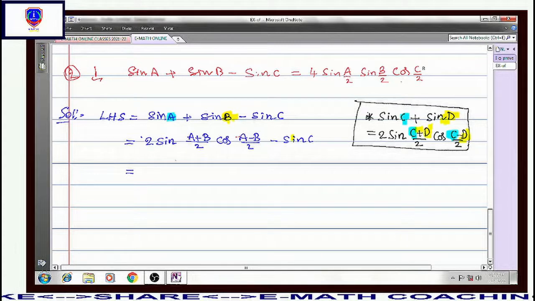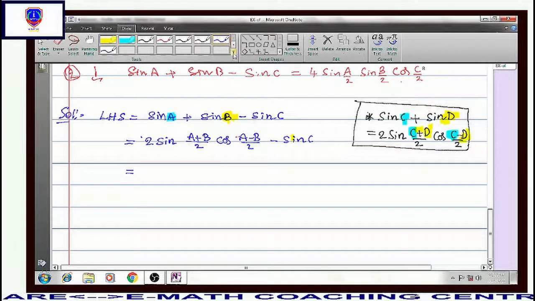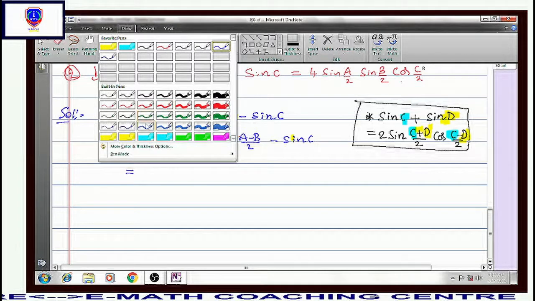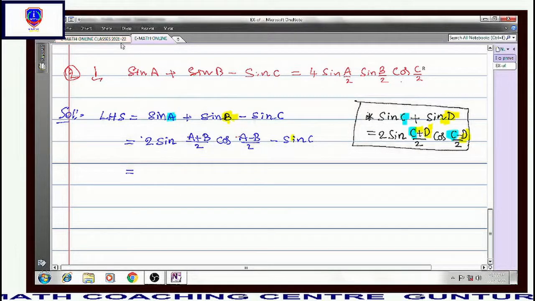That means A plus B plus C is equal to 180 degrees, or you can also write pi.